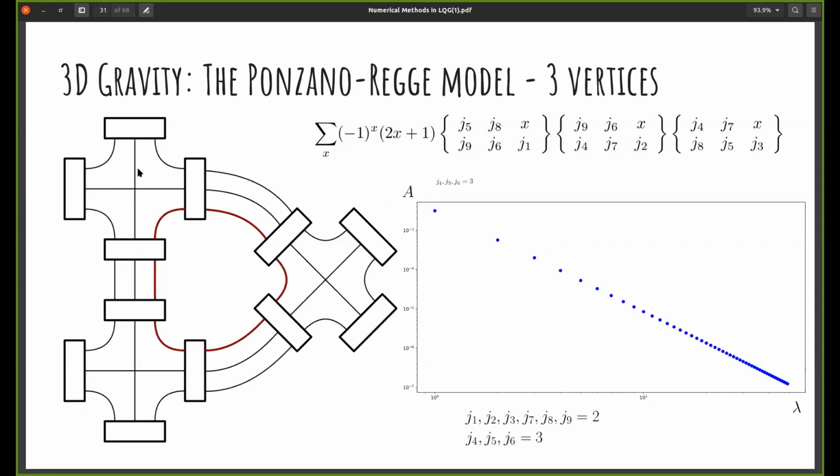So there is at least one classical geometry that is dominating this spin foam amplitude in the semi-classical, large spin regime. This is the log-log plot of this rescaling, and you can clearly see that it's following a linear behavior in the log-log plot, which means a power law in the normal plot. This plot was generated with this specific choice of boundary spins and a scale that goes up to 200.